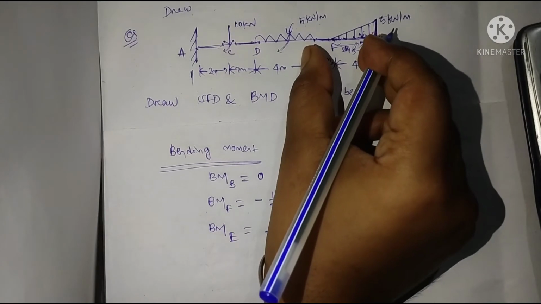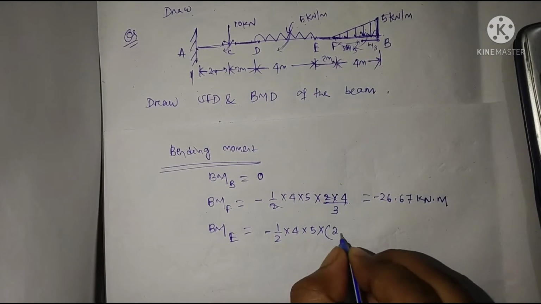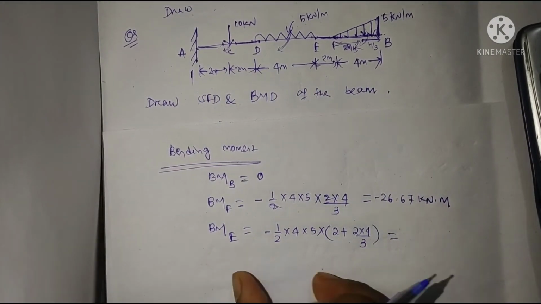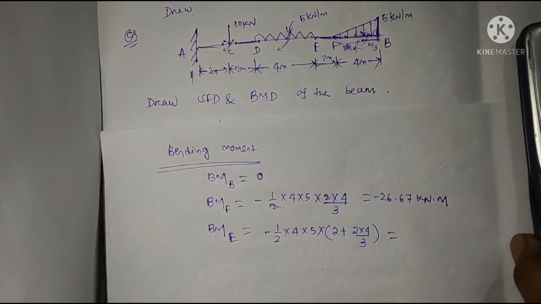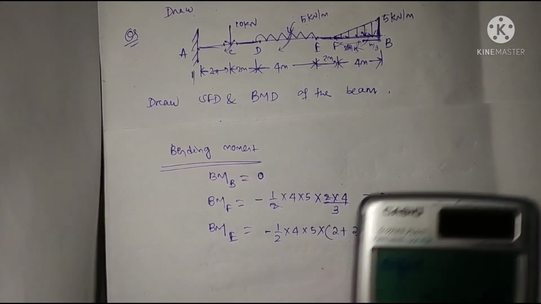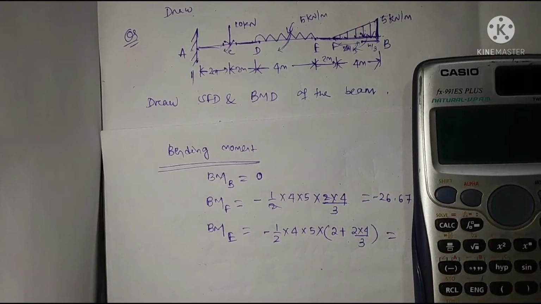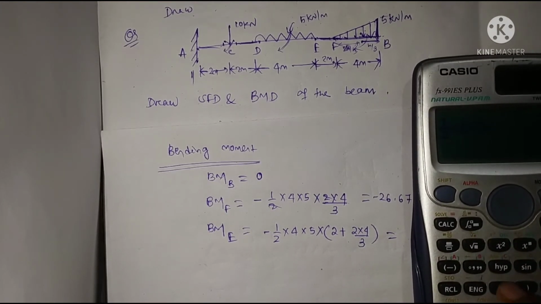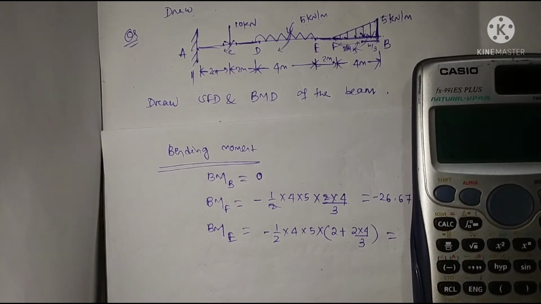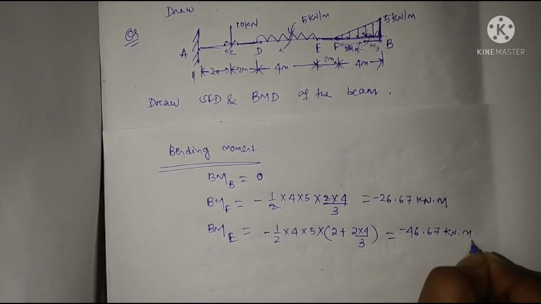The total perpendicular distance will be 2 plus 2h by 3, that is 2 plus 2 into 4 by 3. Now calculate this value: half into 4 into 5 into (2 plus 8 by 3), minus 46.67 kilonewton meter.